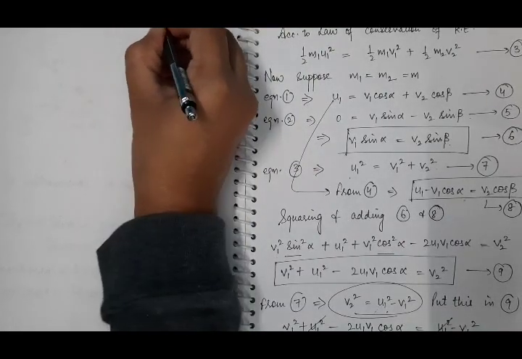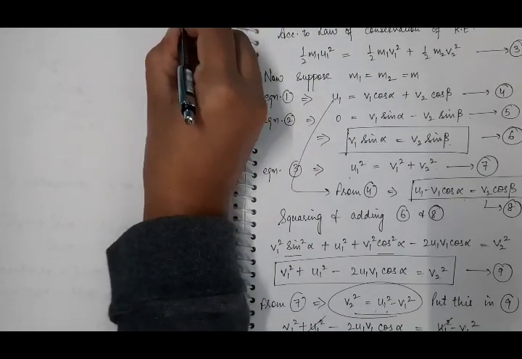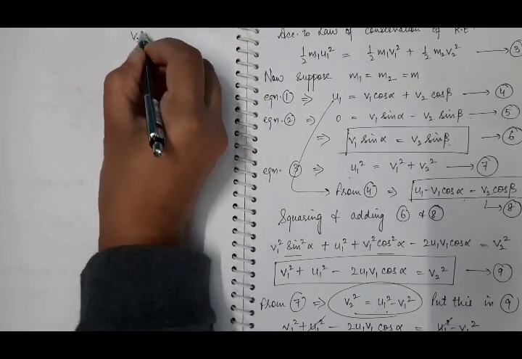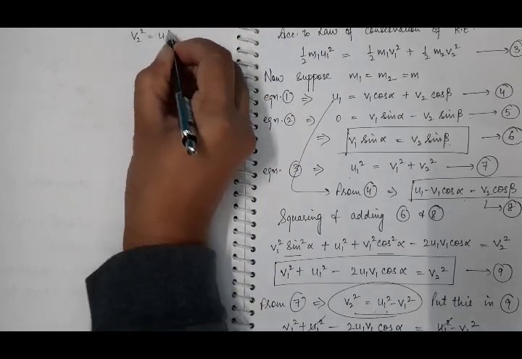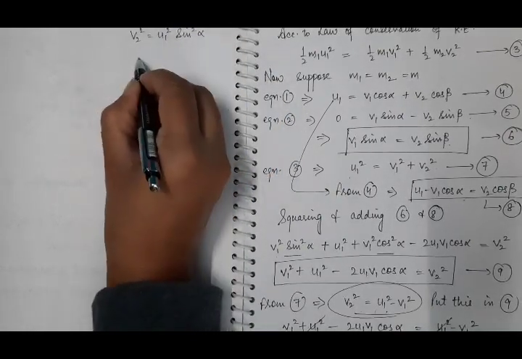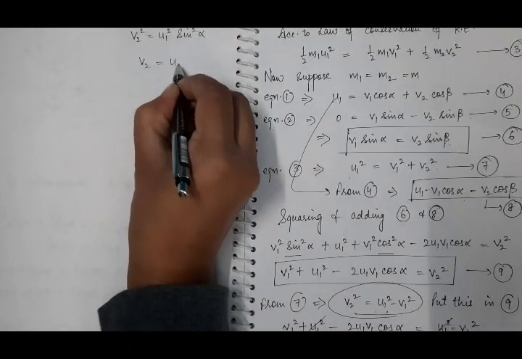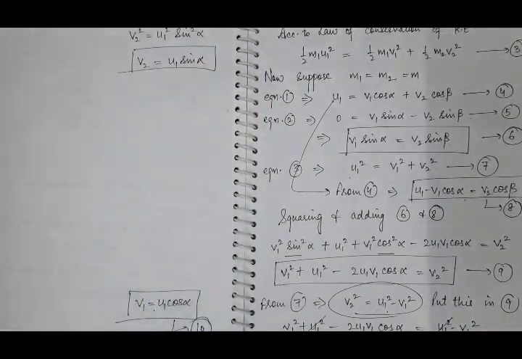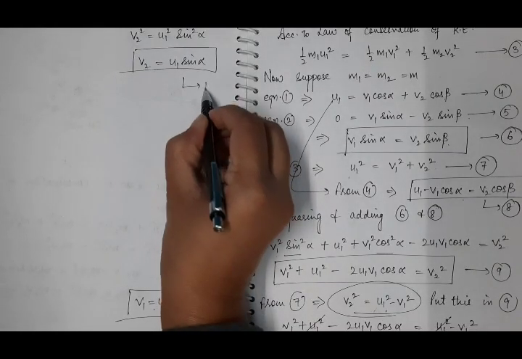Take u1 square common and you have 1 minus cos square alpha. So v2 square is equal to u1 square times sin square alpha, since 1 minus cos square alpha is sin square alpha. So v2 is equal to u1 sin alpha, and this is equation 11th.